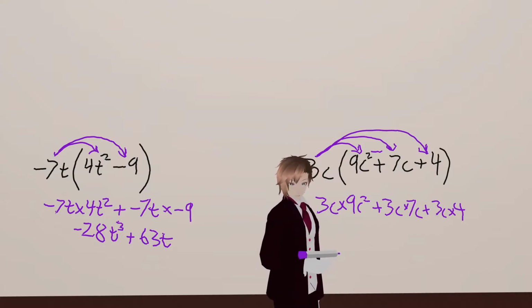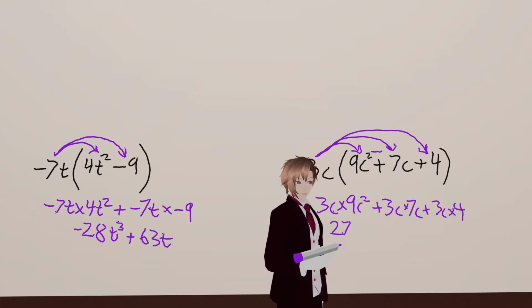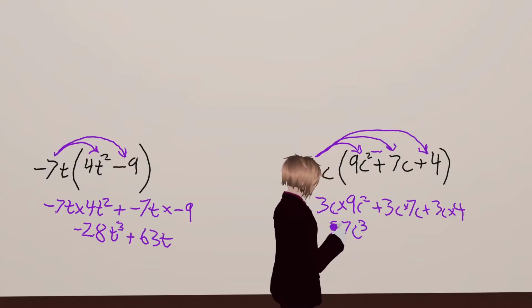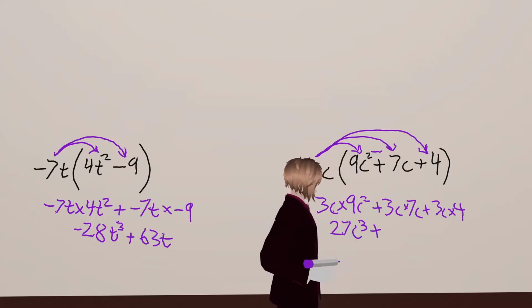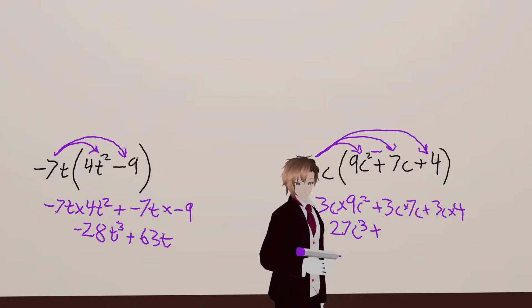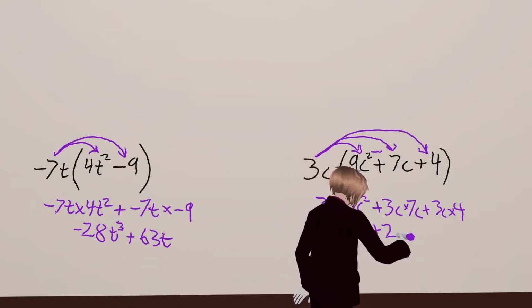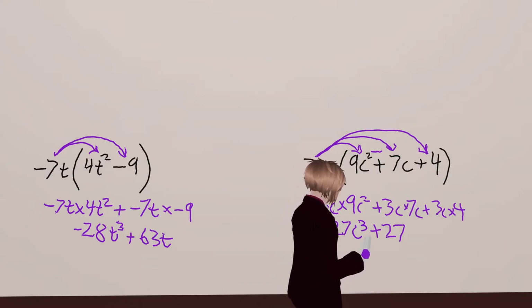So 3c times 9c squared, 3 times 9 is 27, c times c squared is c cubed. And we also have 3c times 7c, 3 times 7 is 21, and c times c is c squared.